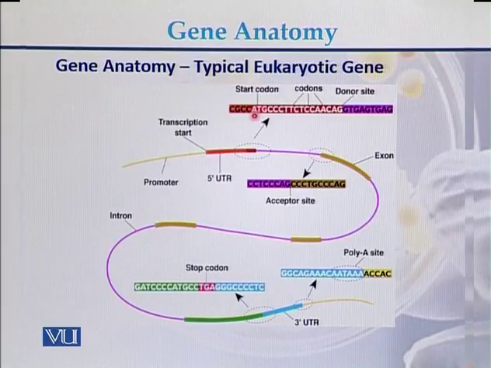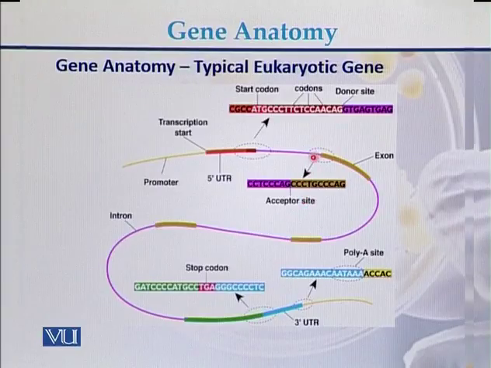At this region there is a start codon and there are codons in the exons, and there is a donor site. This region has been magnified, where we can see a start codon and different codons, and then the donor site, meaning the end of the exon. Here is the region that is the connection between the intron and the next exon. Here again there is an acceptor site.